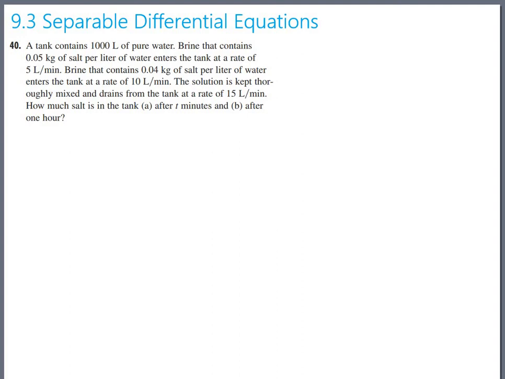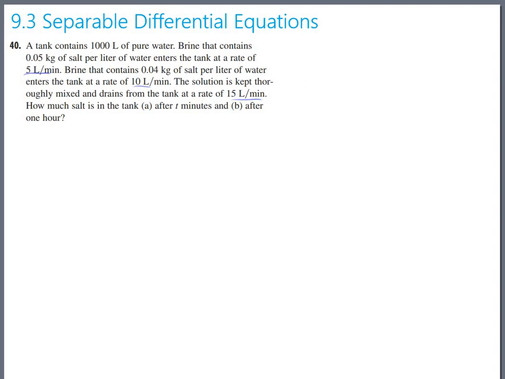And then they keep the whole thing mixed up really well. And then they're draining from the tank at 15 liters per minute. Notice they've got 5 going in and 10 going in, 15 coming out. So at least the amount in the tank is staying the same. How much salt is in the tank after T minutes and after 60 minutes?